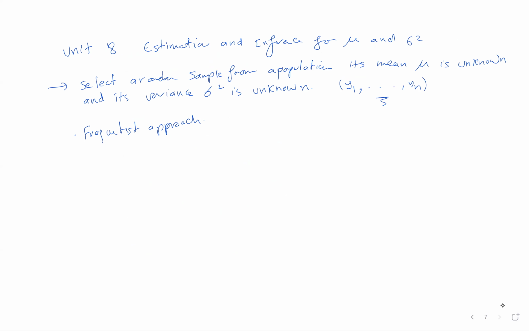So let me write down the likelihood. The likelihood L of mu and sigma square, given the only thing known is the data, equals (1 divided by 2 pi sigma square) to the power n over 2, e to the power of minus 1 divided by 2 sigma square, sum over i equals 1 up to n of (yi minus mu) squared.